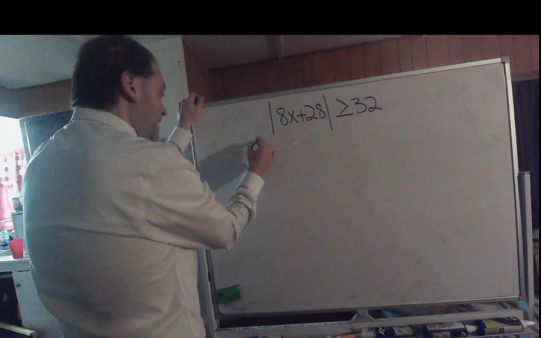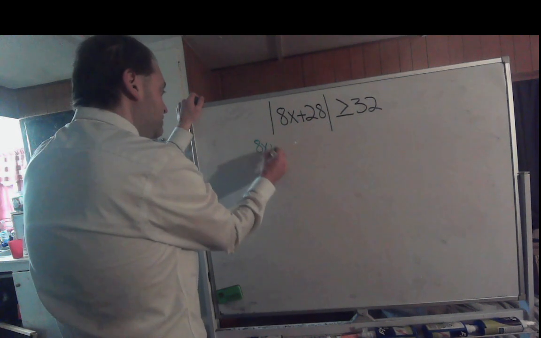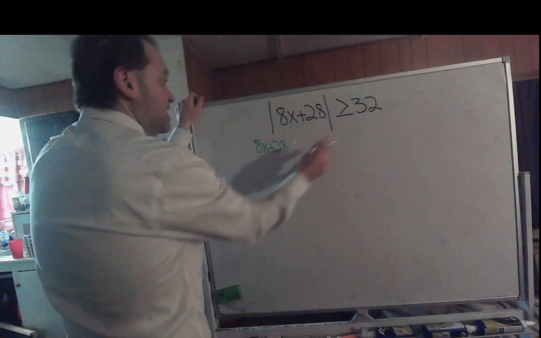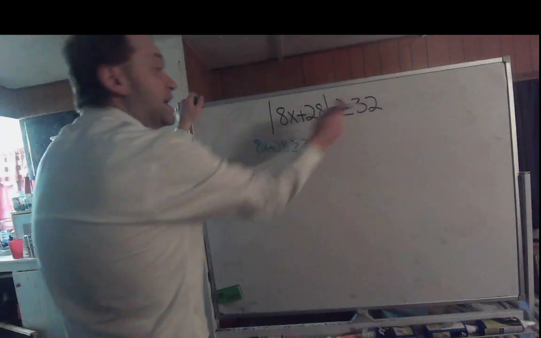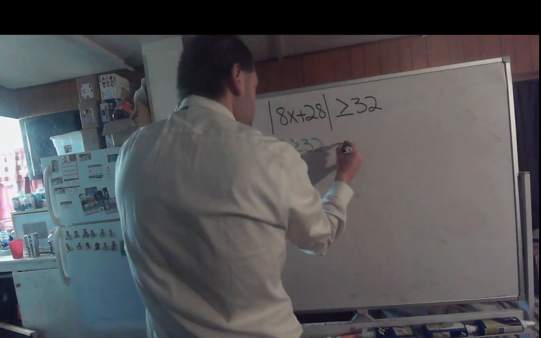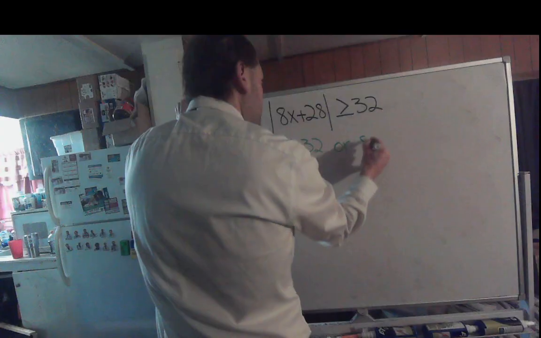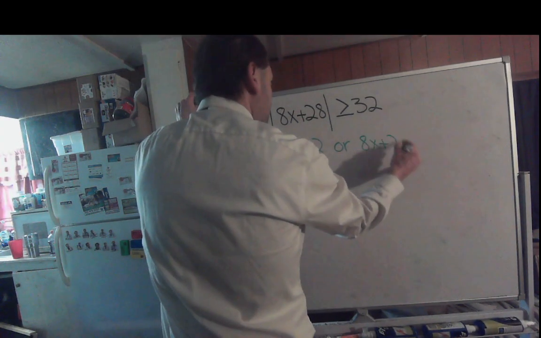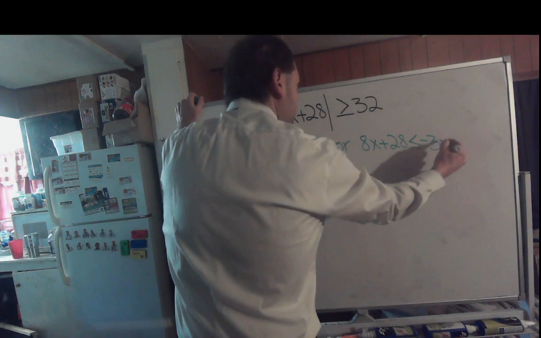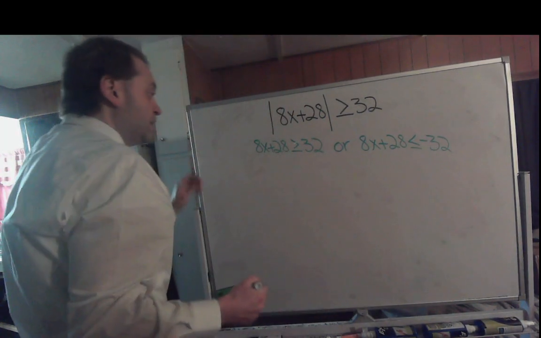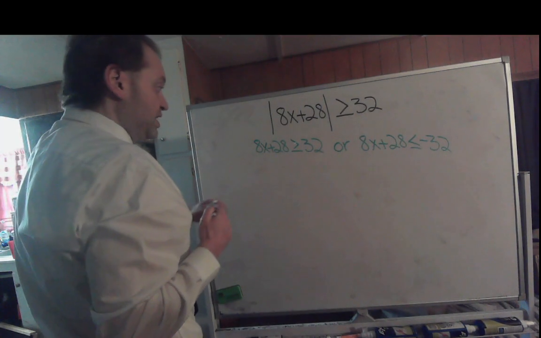So take 8x plus 28 itself. Of course, you'll set that greater than or equal to 32. Now you have greater than, so you'd have then or 8x plus 28 is less than or equal to negative 32. So then solve each of these inequalities.